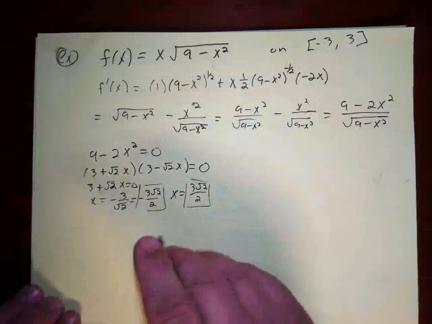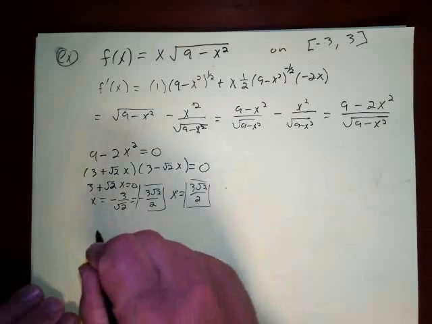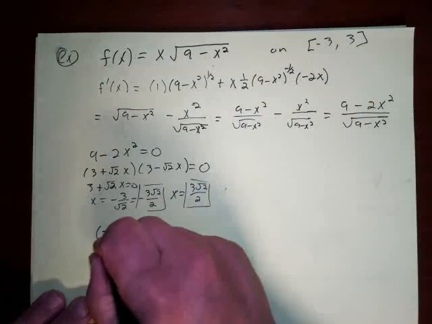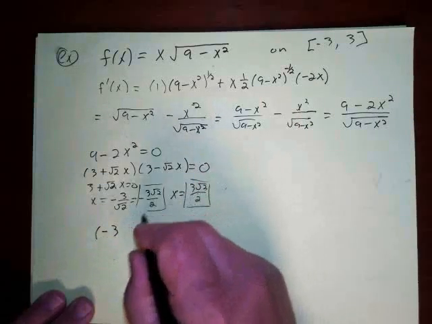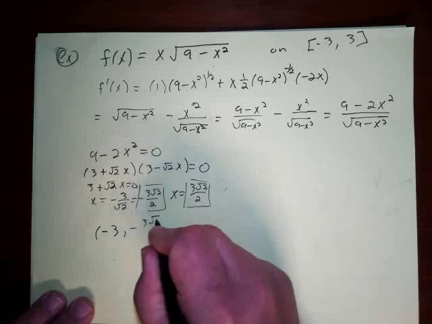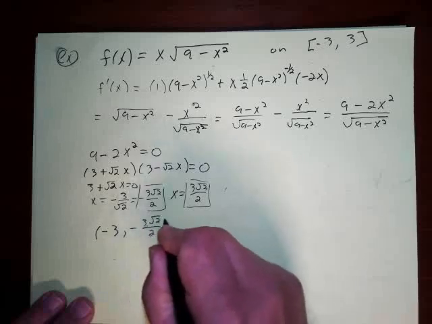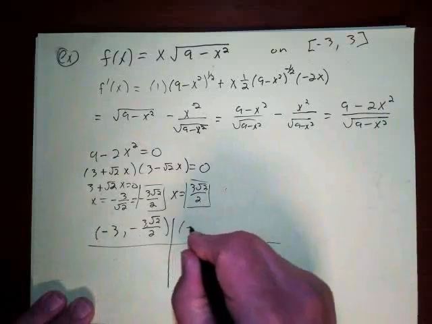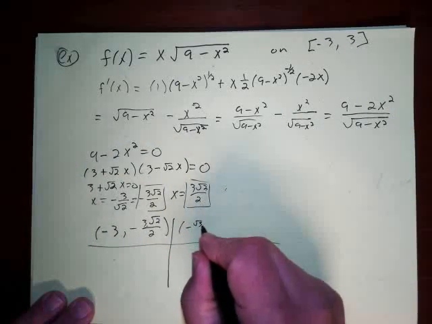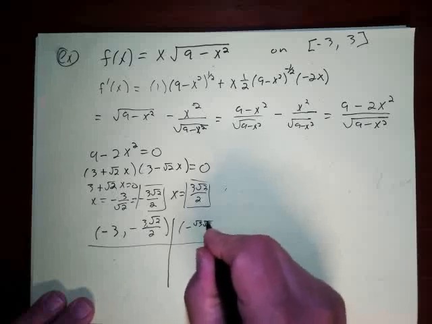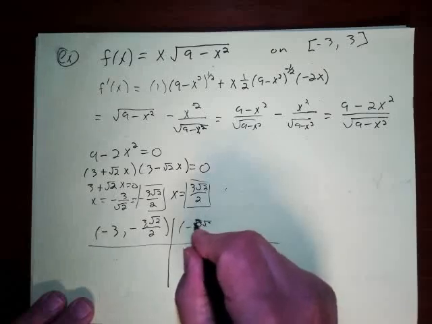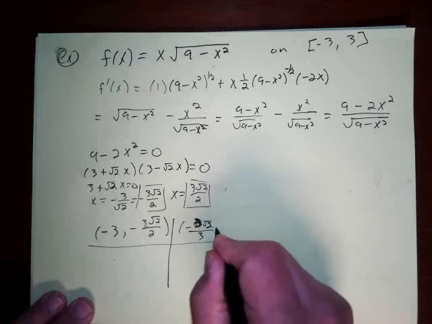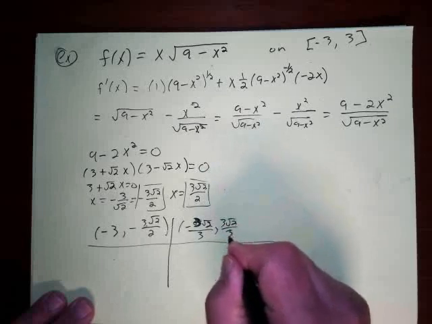So now I can set up my intervals. We have negative 3 to negative 3 square root of 2 over 2. And then we have negative 3 square root of 2 over 2 to 3 square root of 2 over 2.